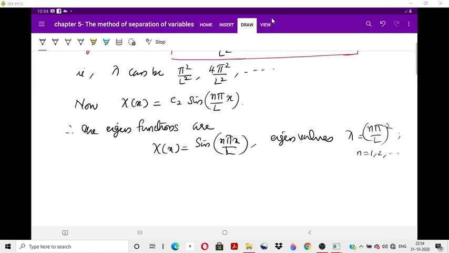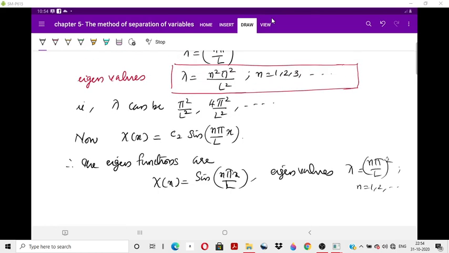The possible eigenvalues are here pi square by L square, 4 pi square by L square, like that.